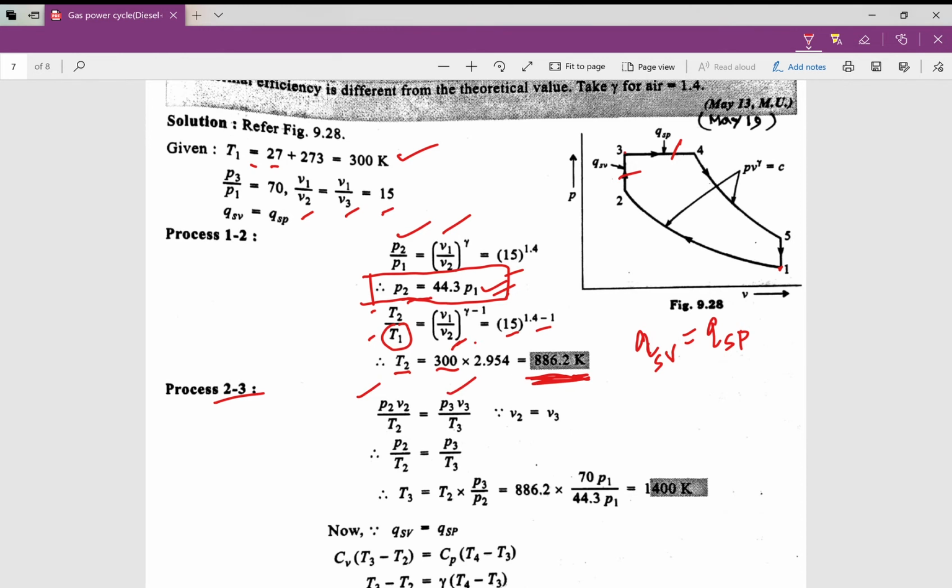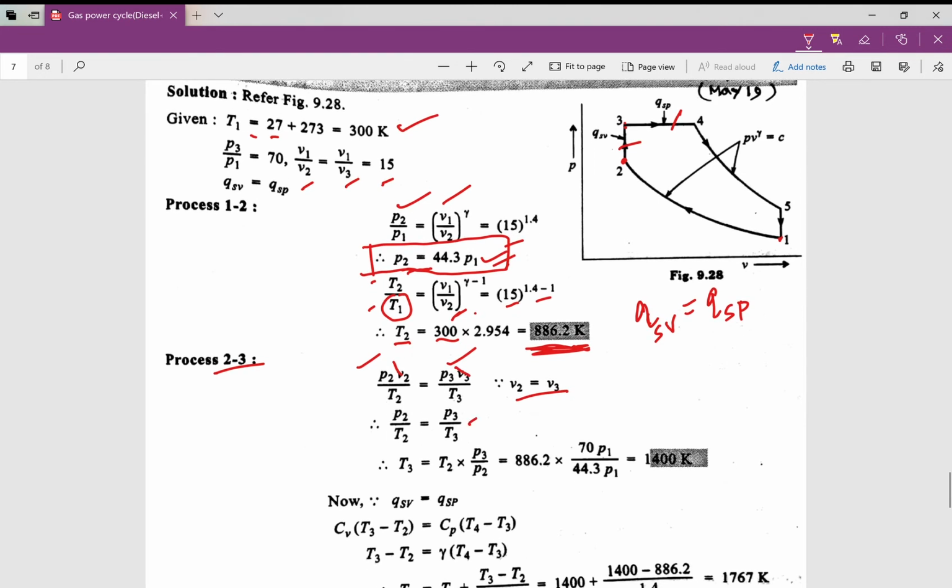Now we already know in process 2-3 V2 is equal to V3, so V2 and V3 cancel. So T3 comes out as T2 times P3 upon P2. So dear students, this P2 we can write now here.